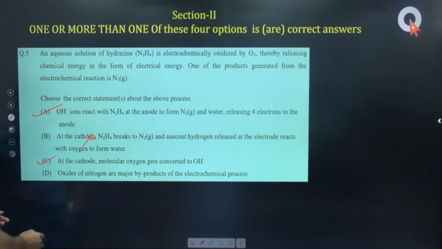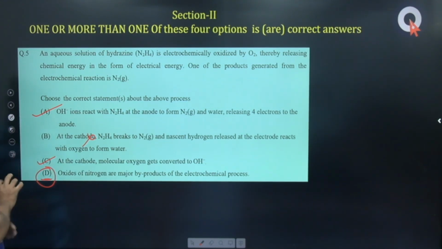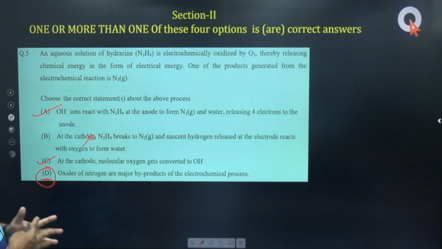So maybe this option we can take. If precautions are taken, you don't get any oxides of nitrogen and oxygen. But if precautions are not taken, maybe you can get. So this option again is a doubtful option. But A and C are sure, they are correct. So A, C or A, C, D we can consider for this.